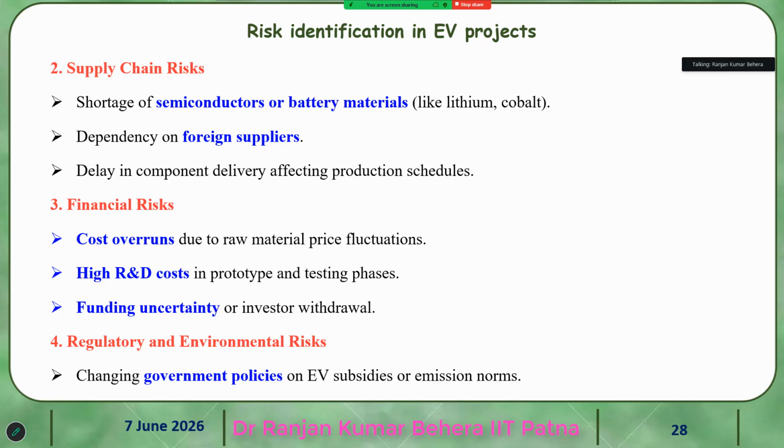Next in risk identification is the supply chain risk. For example, battery material or the shortage of semiconductors like wide band gap devices that we are not getting now.